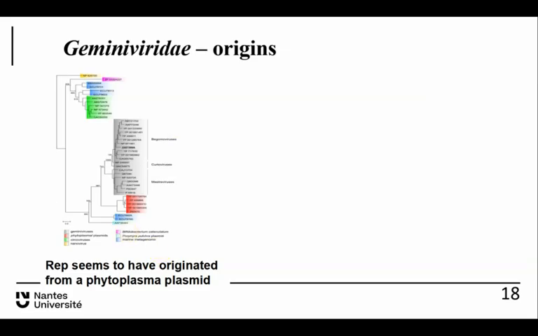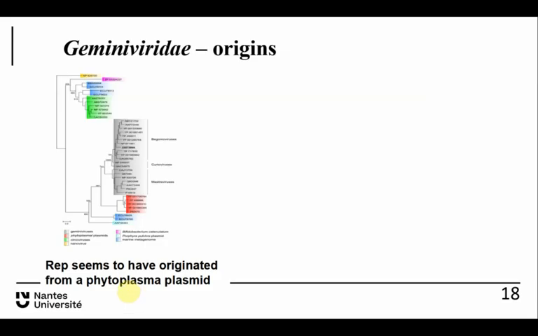So there seems to be a phylogenetic relationship between the rep proteins of all these Geminiviruses and the equivalent that are encoded on plasmids that are found where? In phytoplasma. So phytoplasma are bacteria which are parasitic, they infect plants and they grow in the vascular tissue, in the phloem of plants.